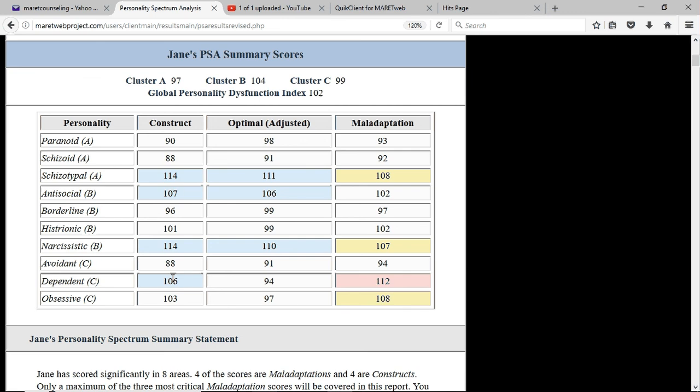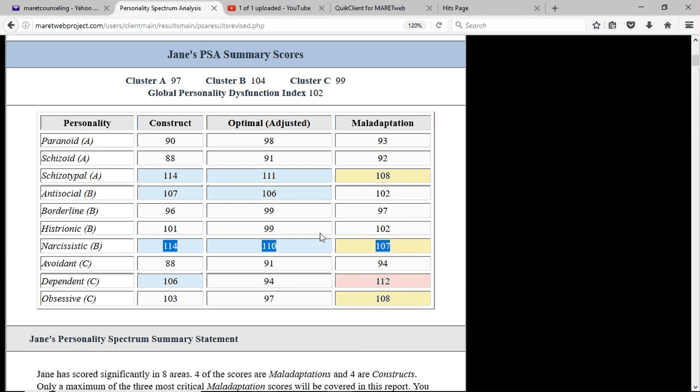They also picked dependent and antisocial. What's interesting, not really sure what it means, but this case is typical of others that I've seen. They go across the board here.